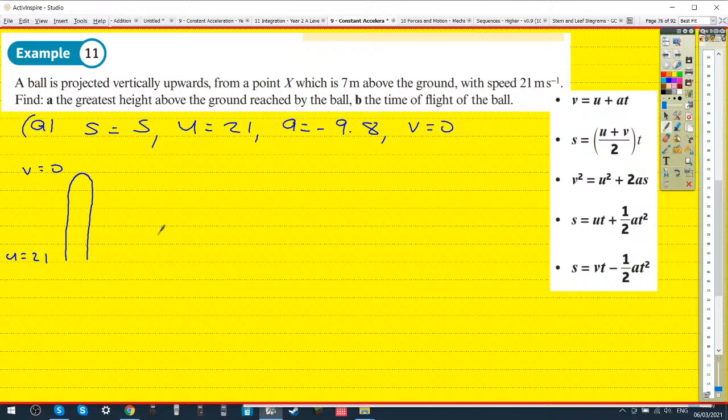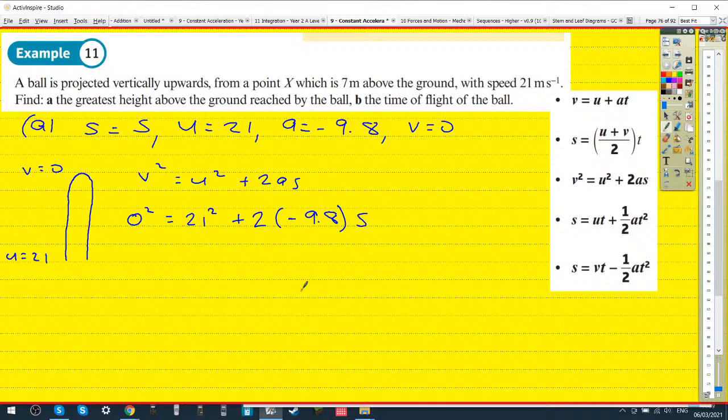Okay, what do we get? So we use v squared equals u squared plus 2as. So it'd be v, which is 0 squared, equals 21 squared plus 2 times a, which is minus 9.8, times s.